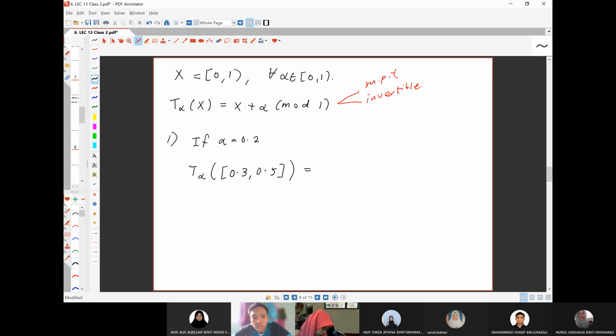Just substitute it into the formula: 0.5 to 0.7. So you will have 0.5 to 0.7. Okay, what if you have T alpha of 0.7 to 0.9? Okay, 0.1.